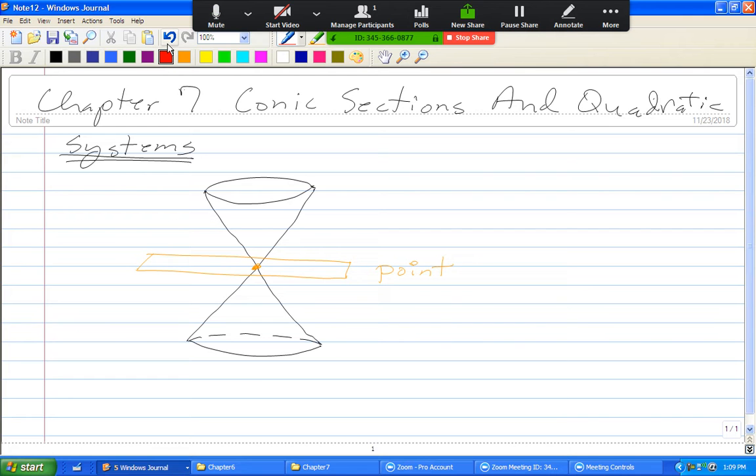If I go along this edge here, the point of intersection will be a line. If I go straight on, I'll do it yellow, then it will be these two lines.